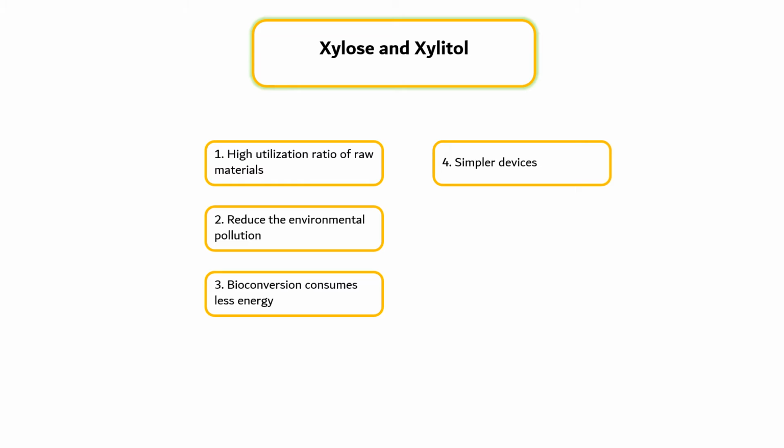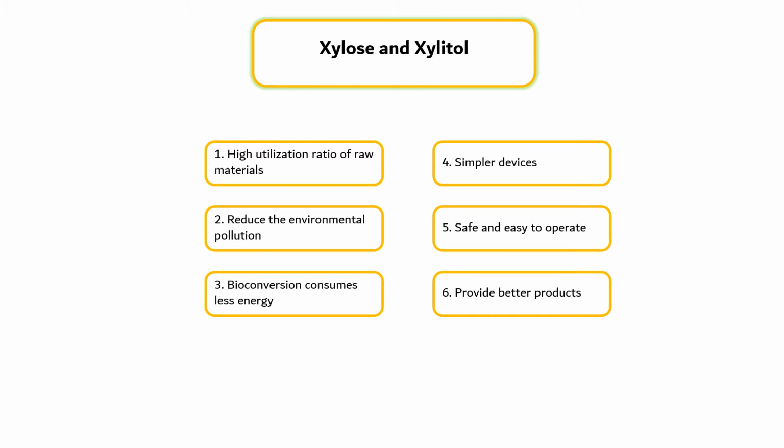Fourth, the bioconversion process needs simpler devices. In the bioconversion process, the main devices are simple reaction tanks and a few fermentation cylinders. Fifth, the process is safe and easy to operate. Bioconversion is processed under normal temperature and pressure without asepsis operation.